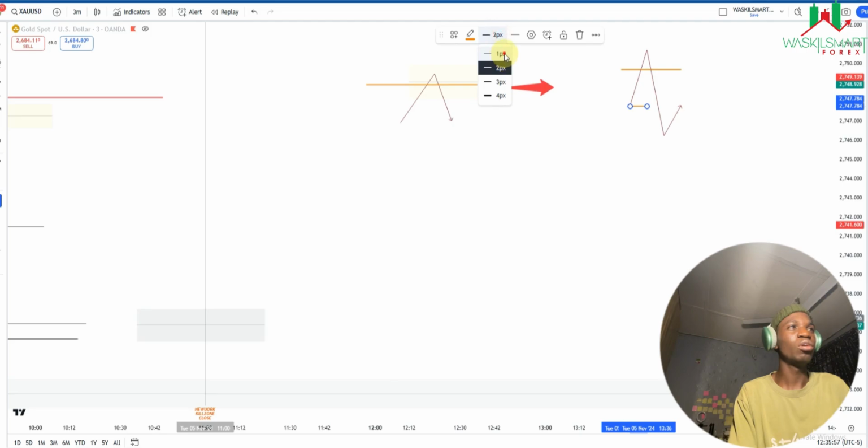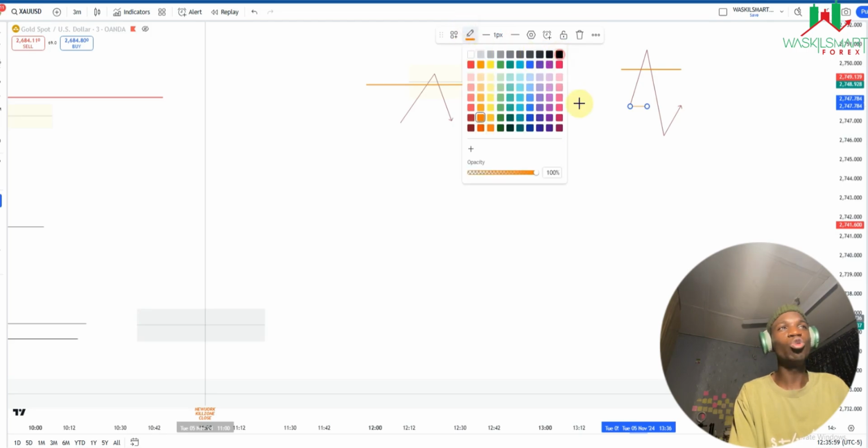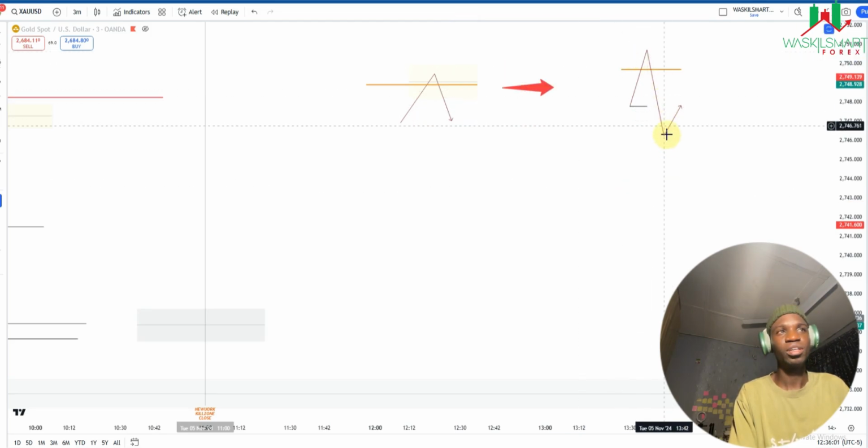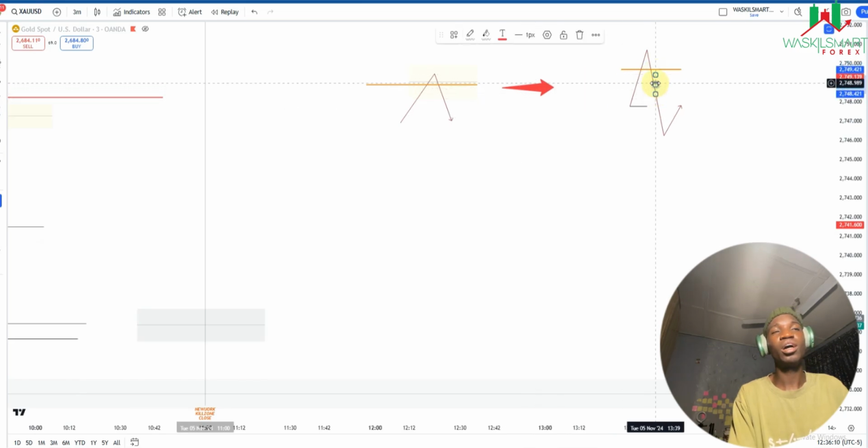The market should break that low, but we should break that low with a lot of displacement, which means there must be a sharp move down. And when the market gives us a sharp move down, then I'll look for my fair value gap there. Then I will be a seller from that particular zone.